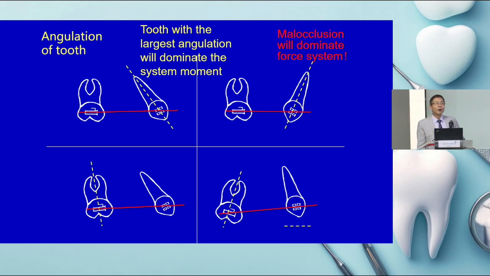We think we orthodontists treat malocclusion, but the force system now is not controlled by us orthodontists. It's controlled by the malocclusion. How can we treat the malocclusion well if we orthodontists don't control the force system? What will happen?